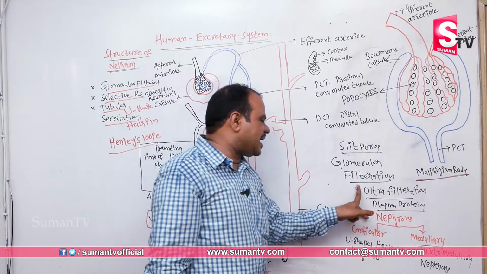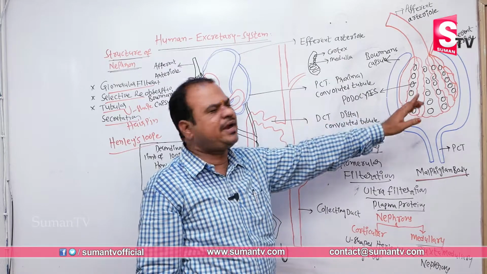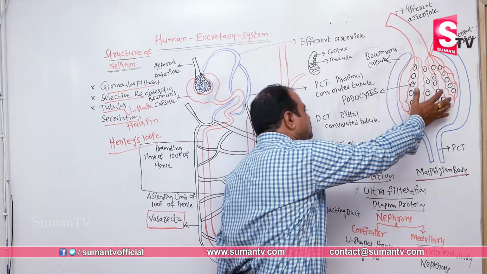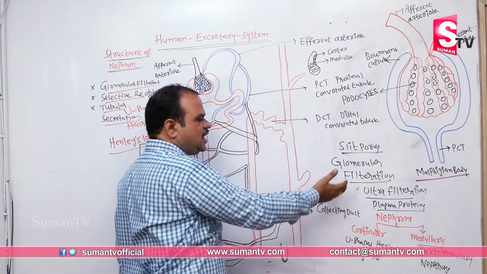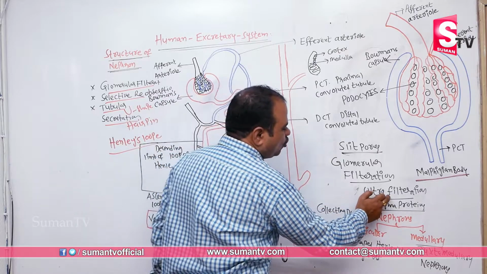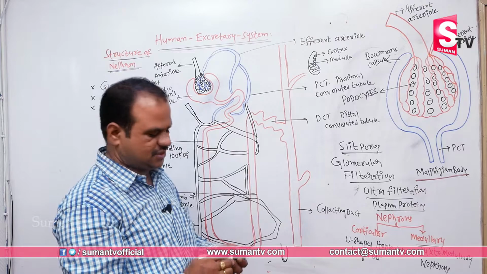So except the plasma proteins, all the remaining components of our blood are filtered in our Bowman's capsule. That is what we call glomerular filtration. Glomerular filtration is also nothing but ultrafiltration.